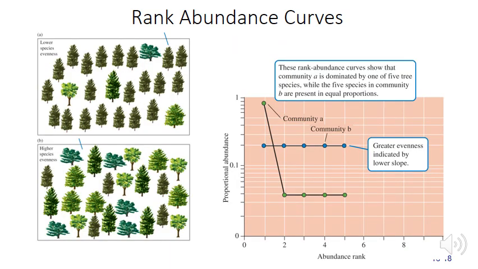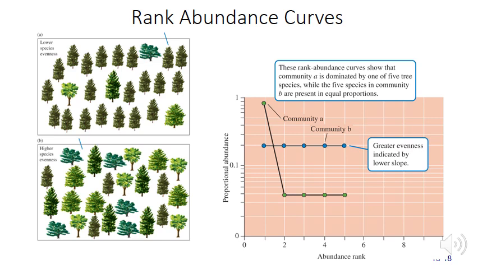So to take a simple example, we can construct rank abundance curves for those two hypothetical forest communities that we looked at previously. So the less diverse or the less even community, which is the picture on the top, is depicted by line B. It's a straight line because all 5 species in that community have the same proportional abundance.